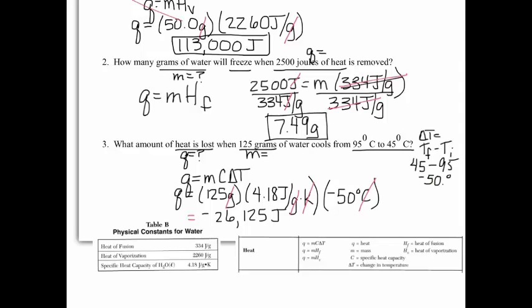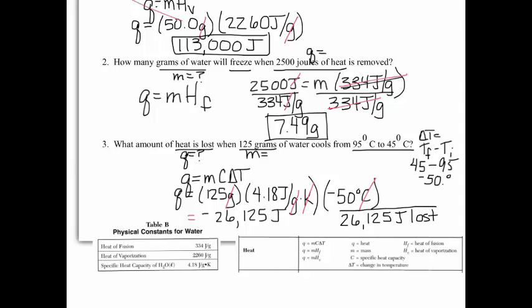That's one way you can do this problem, where you're actually using the negative from your delta T. The other way you can do it, which sometimes works good for students, is you see that heat is going to be lost in the problem. It tells you that. You don't necessarily have to use this negative in the problem and get a negative at the end. What you could do alternatively is do all of this problem without the negative for the delta T, and when you write your answer, you're just going to write 26,125 joules lost.